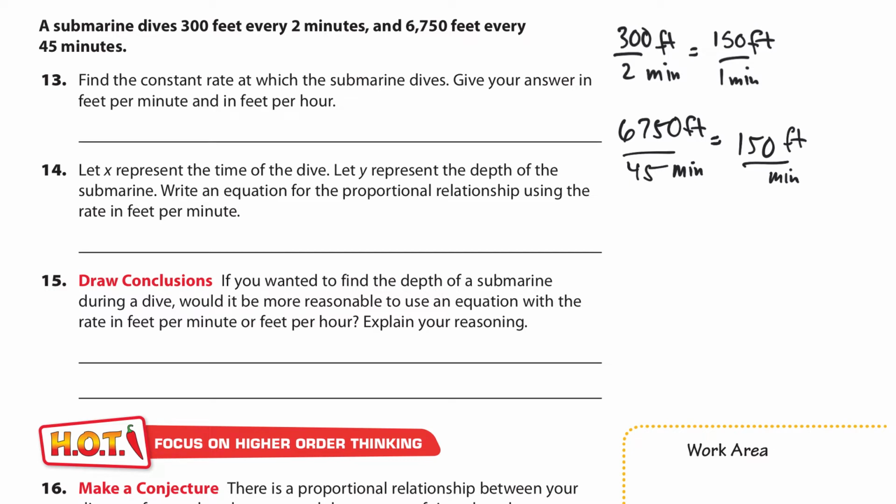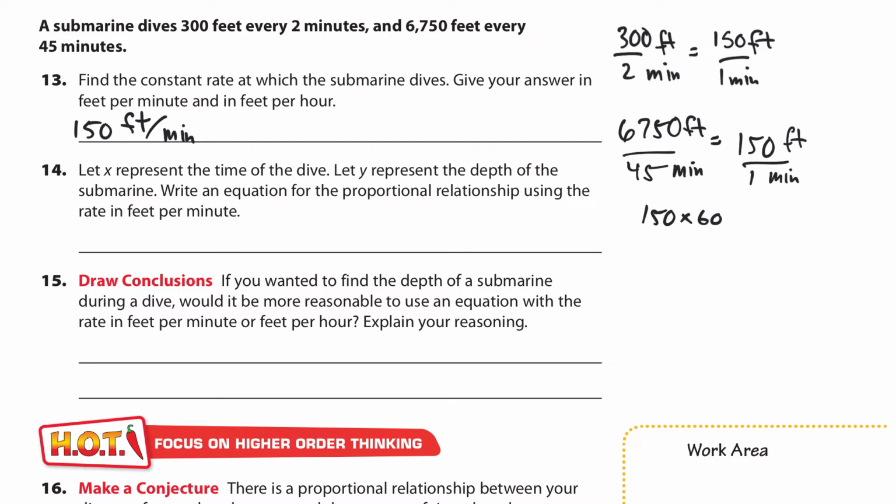So, find the constant rate. Okay, I found it. It's 150 feet per minute. Give your answer in feet per minute and in feet per hour. So there's the feet per minute. Now, feet per hour, I would have to multiply, because this is how far it goes in 1 minute, and there's 60 minutes in an hour, so I'd take 150 times 60.